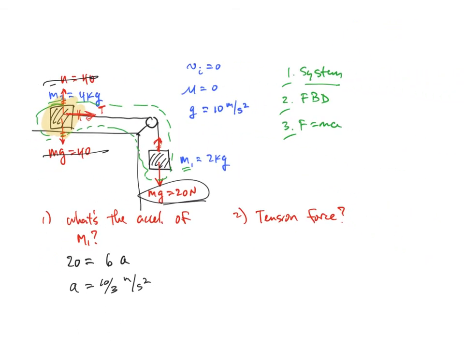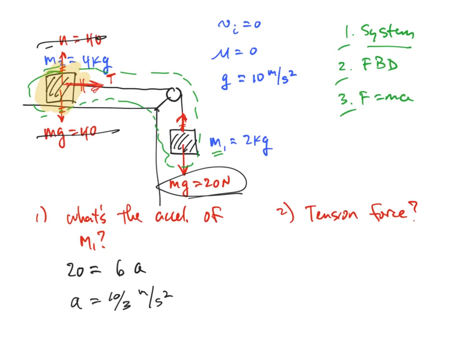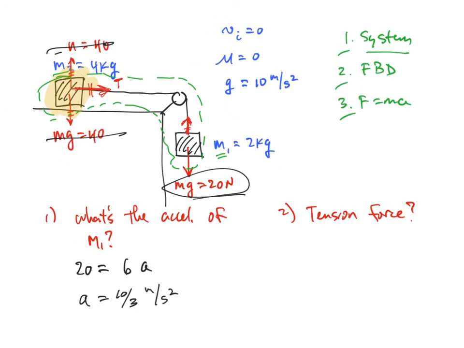So now I've chosen a system that will work. I've chosen, again, just M2 as my system. I've drawn the FBD. And now I see the tension force is the net force on the system. Since these forces cancel, again, I know that the tension force is the net force. And so now I'm going to say the tension force is equal to MA, but now it's just M2.